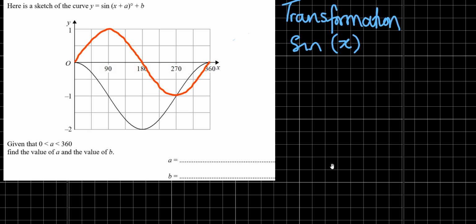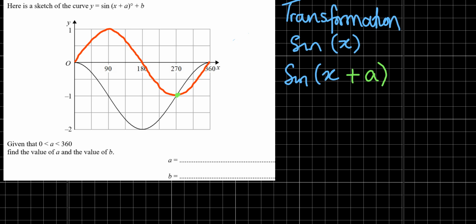Now the question is, how have we translated from the red sine graph to the sine x plus a plus b? So sine x plus a, this is what is happening to this graph.